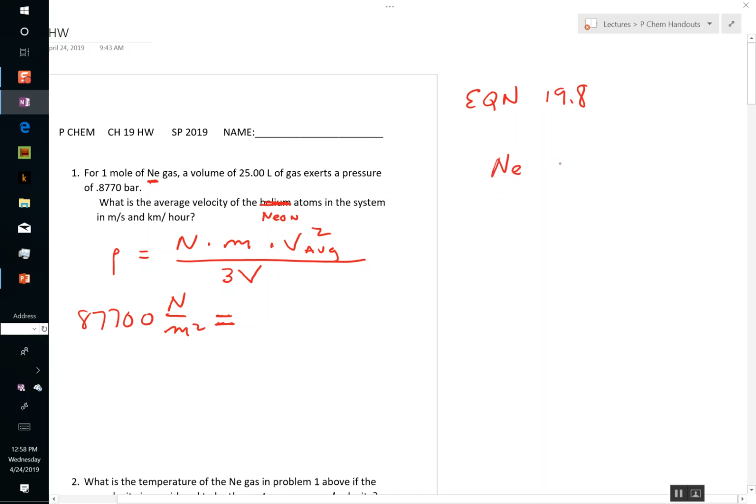And neon off the periodic table is 20.18 grams per mole.